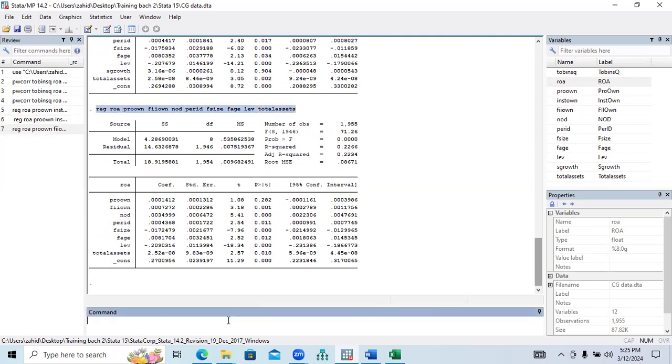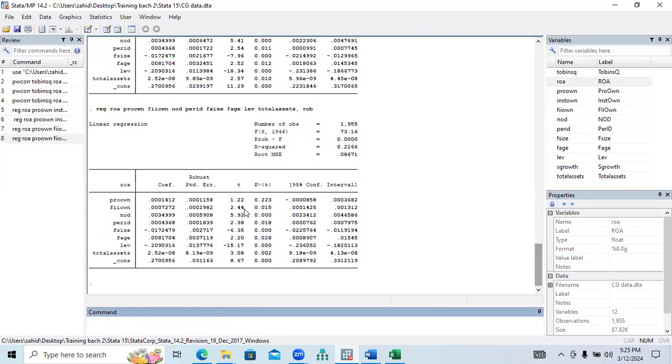Put a comma and robust, and you will see the results like this. Now all other variables are significant, only PR ownership is not significant. So we can run another command excluding this variable which was not significant in our current command, which is PR ownership.